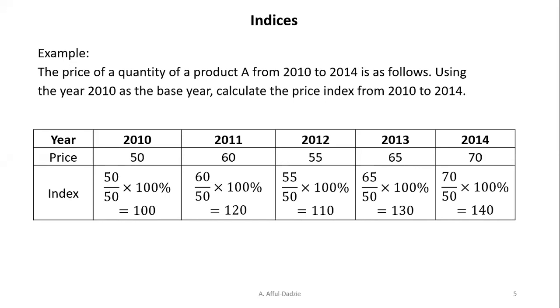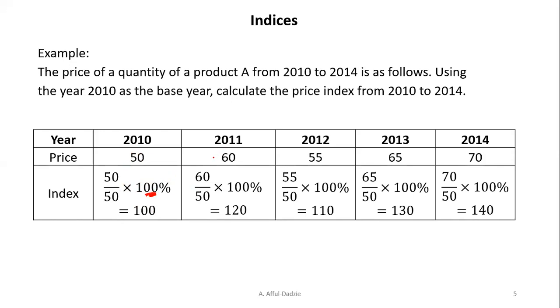So starting off, the index number of every base period, or at every base time point, is 100%, because you're only going to divide the value at the base period over itself and multiply by 100. So for every base period, the index number is 100%.